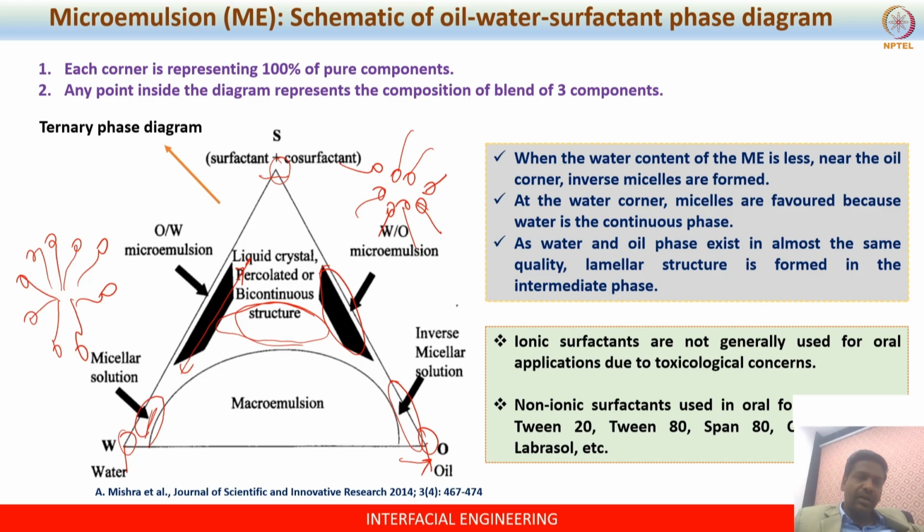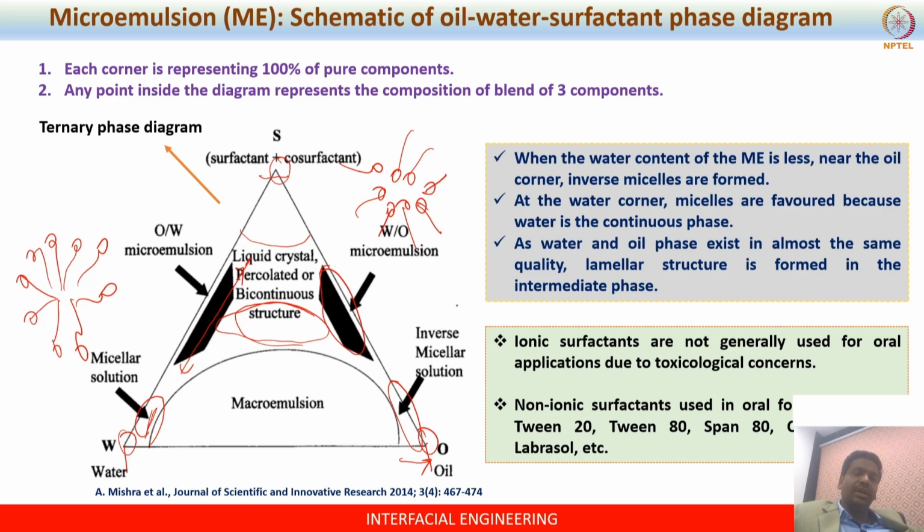And on the other hand, you have the domain where you will get a bicontinuous-like structure. So this bicontinuous structure is favorable when both water and oil exist in the same quantity.